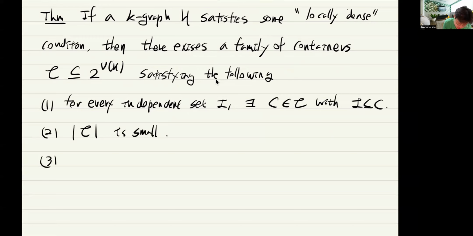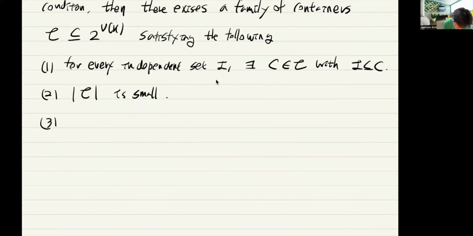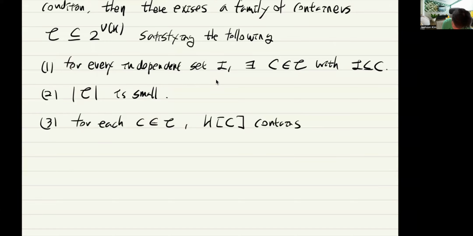Also, the smallness you can quantify, but it's a technical statement. And three, each set in C is almost independent, meaning that it contains only a few hyperedges.